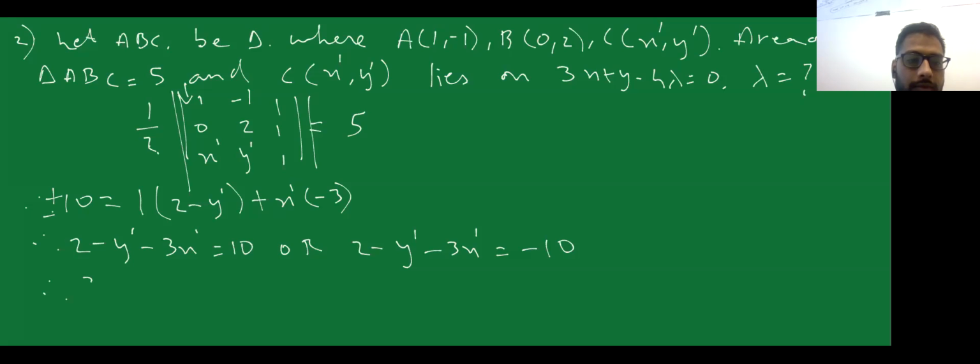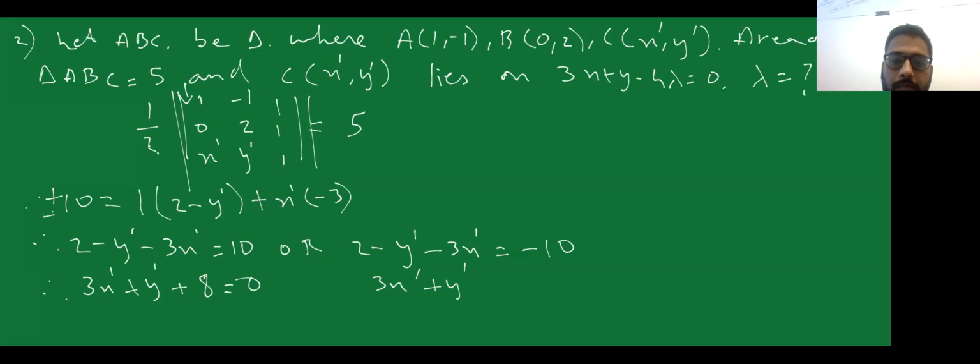Therefore I have 3x' plus y' minus 8 is equal to 0, and this would be 3x' plus y' minus 12 is equal to 0.